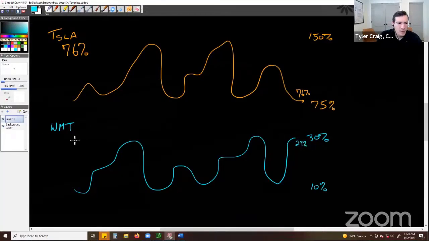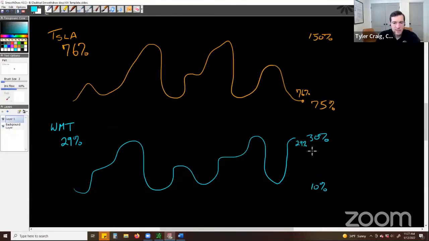Well, what does that tell you? I mean, that tells you that in general, Walmart options are lower than Tesla options, but they probably should be because Walmart's tame. Is 29 comparable to 76? Well, no, because these aren't in the same range. The scale is different for each implied volatility number.